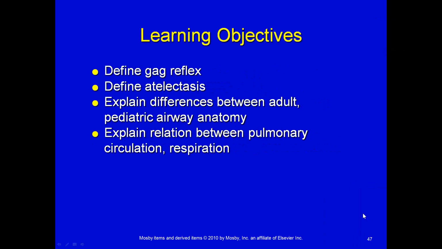Some common abnormal patterns that you'll see with respiratory problems include bradypnea, which is slow breathing, tachypnea, which is fast breathing, hyperpnea, which is deep breathing, and then air trapping, which you'll see in patients who have asthma and who go into a condition that we call auto-PEEP.